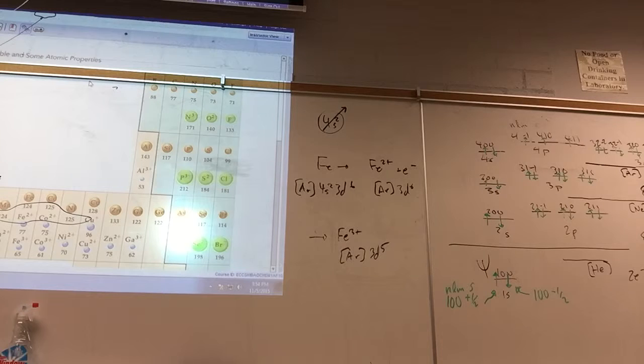For the transition metals, I add a proton that's going to increase Z, but I'm adding a 3d electron. Is a 3d electron an inner electron or an outer electron compared to 4s? It's an inner. And so when I add the proton, I also add an inner shell electron.